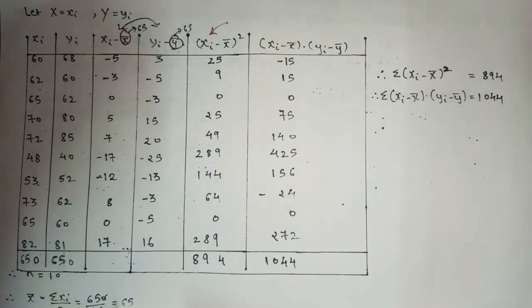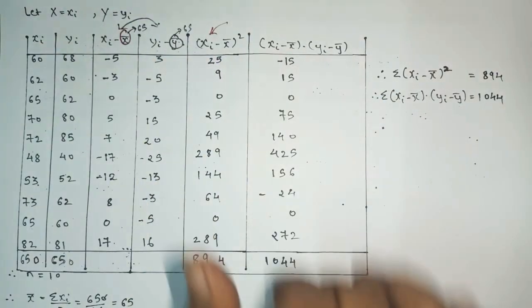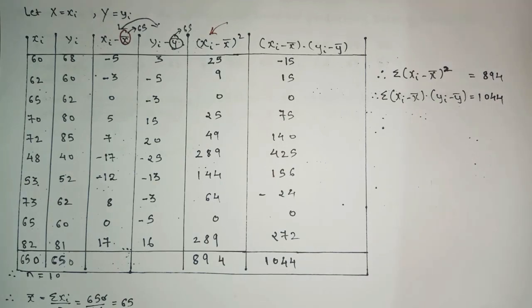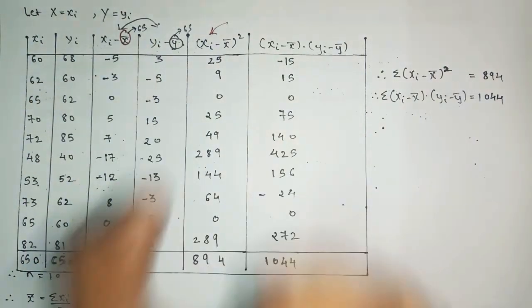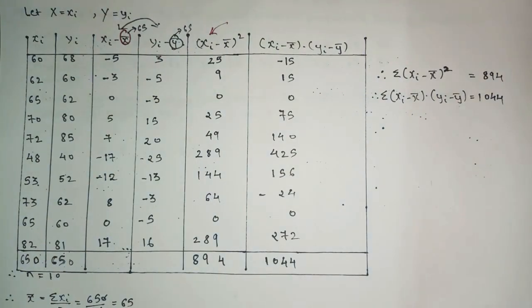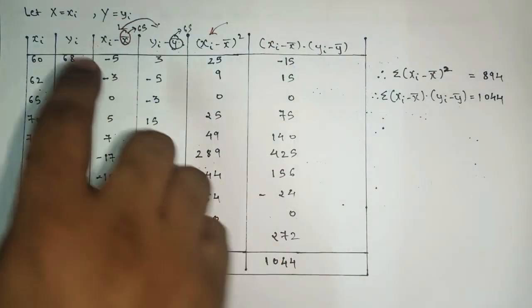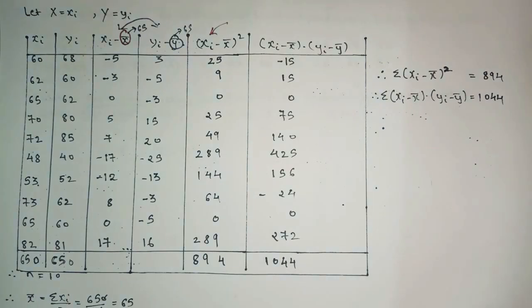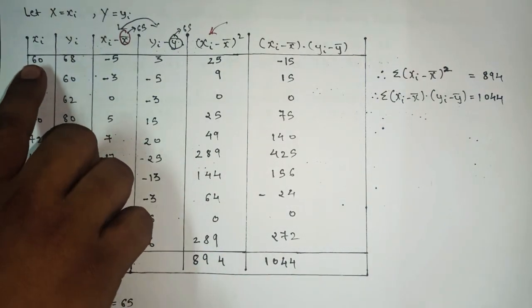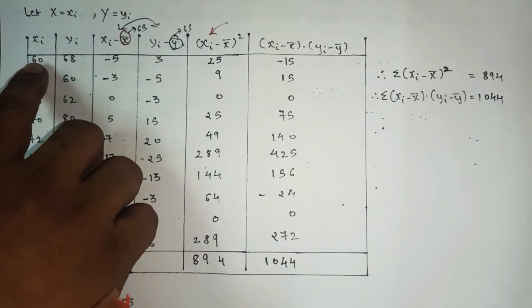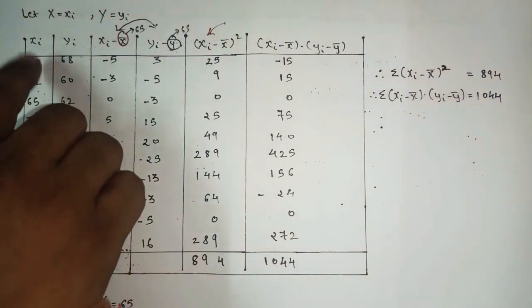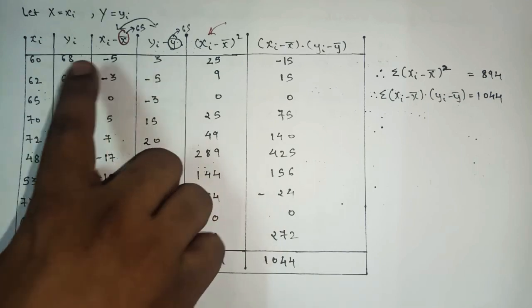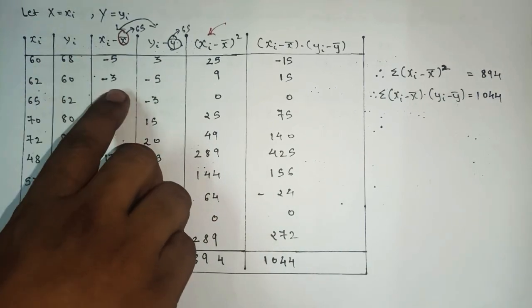Okay. So this was the presentation part, and this was the table for the larger value. So remember why I did this in this way, by adding the column xi minus x min, just to reduce the value. As here clearly you can see that in the first and second column we have the larger value, as I converted the larger value into the smaller value. Can you see 60 is minus 5, 62 is minus 3.